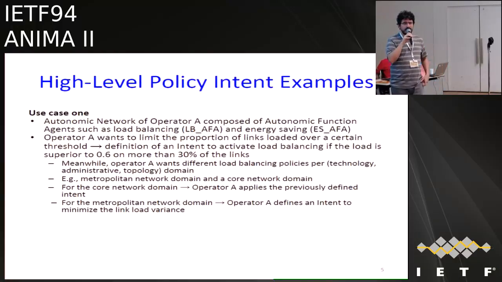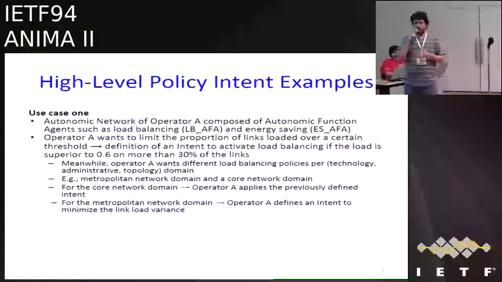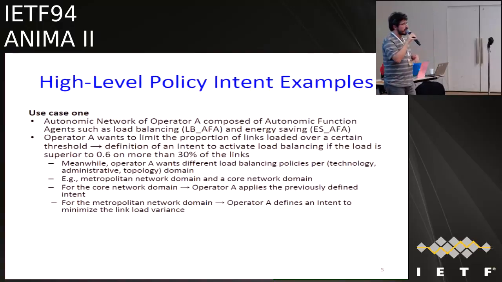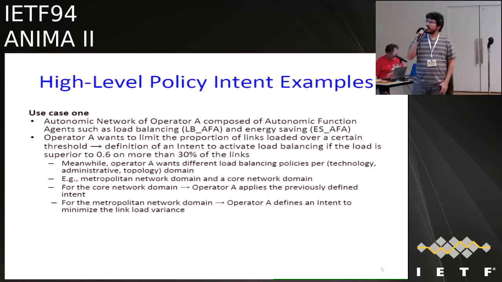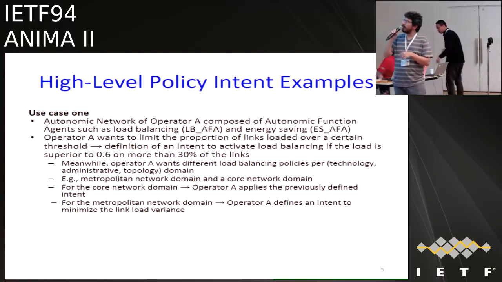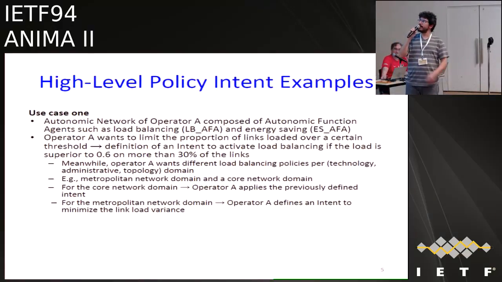Talking about the use cases we added in the draft, the first one talks about an autonomic network, probably an ANIMA network of some operator, which has autonomic function agents for performing load balancing in the network. In this use case, we have the definition of some configuration information about this load balancing.